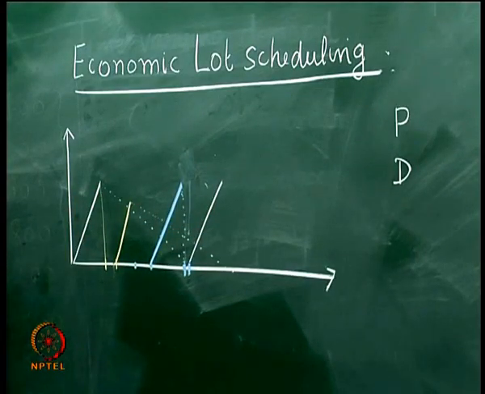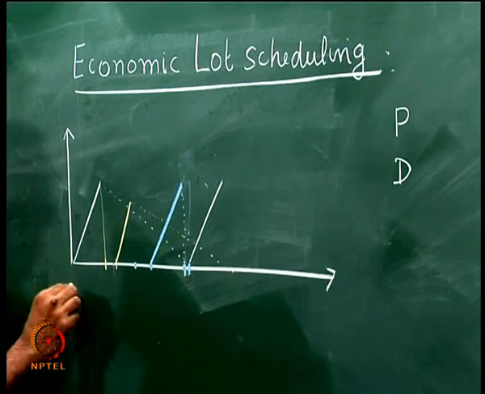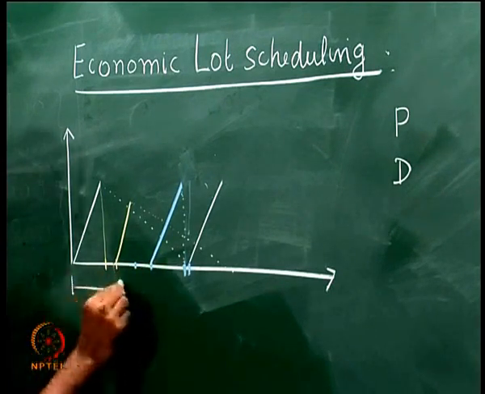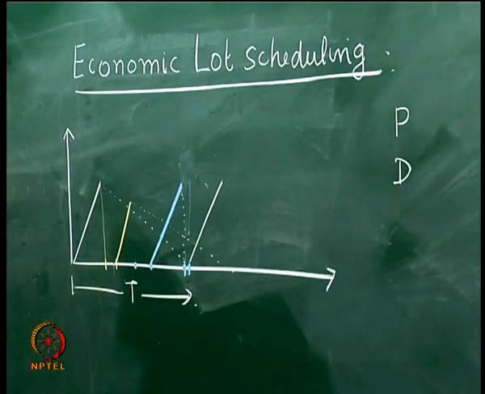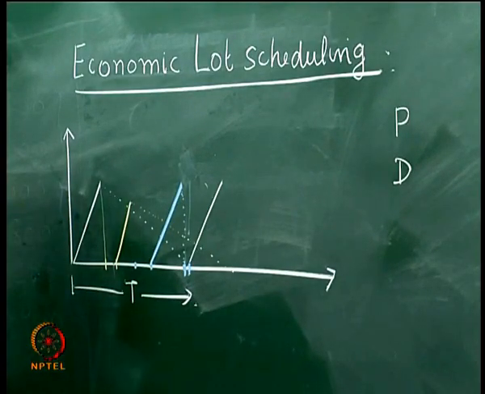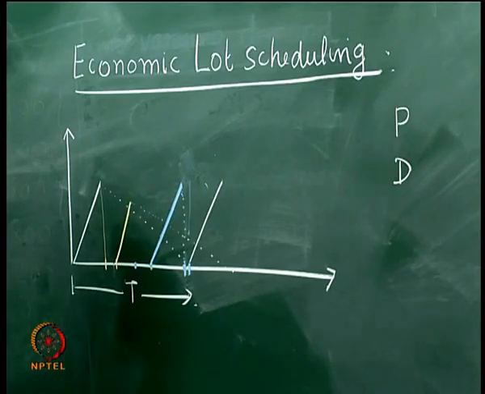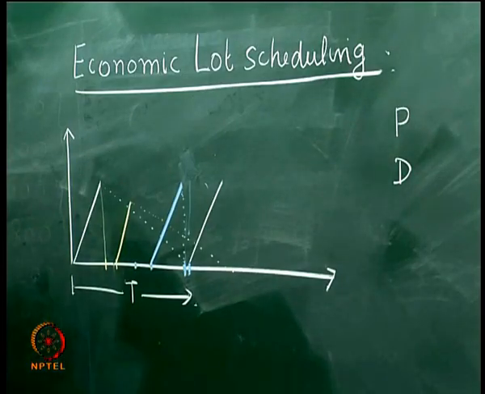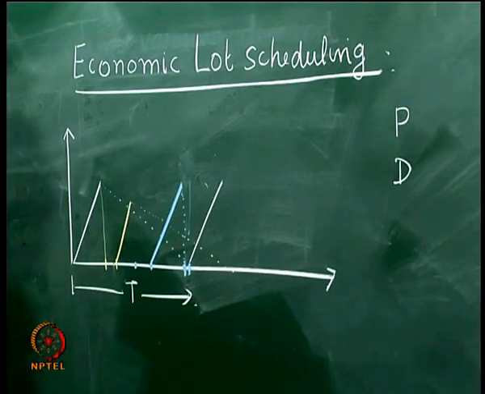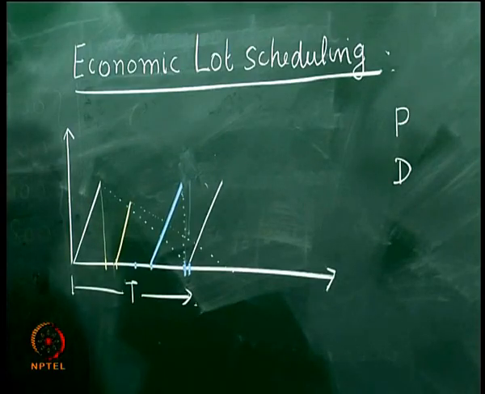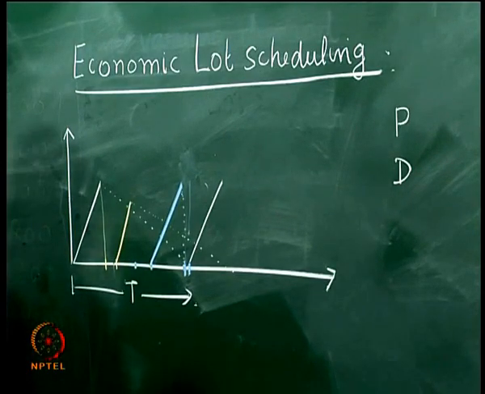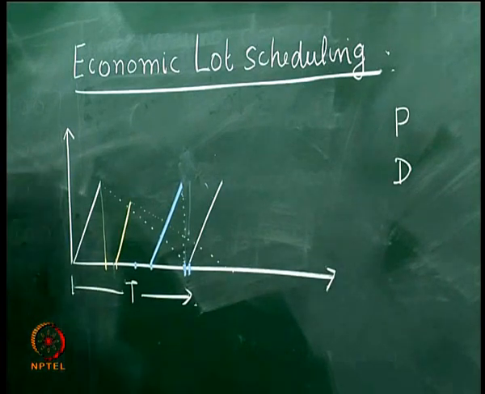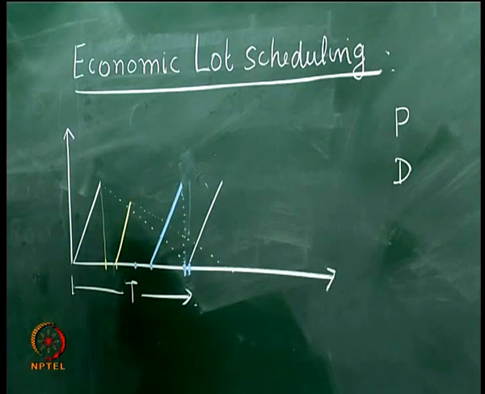The other thing in the economic lot scheduling problem, we said that between this and this, the cycle time is T, and then we try to find out what is the value of T that optimizes the changeover cost plus the inventory holding cost for all the periods taken. Now in some sense, when we worked on the economic lot scheduling problem, we are not unduly worried about the order in which we are going to make this white, yellow and blue products.